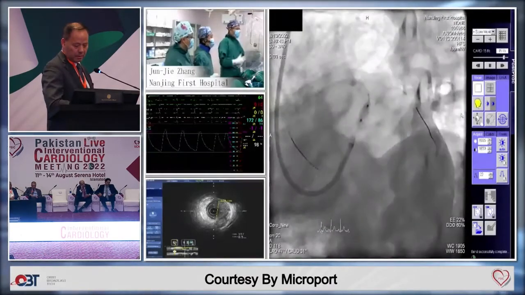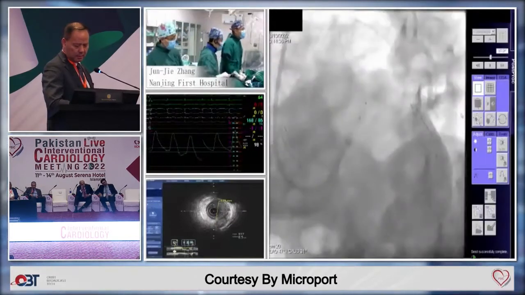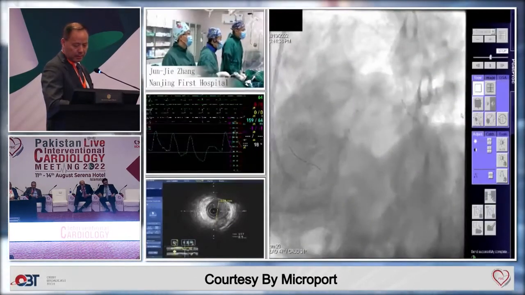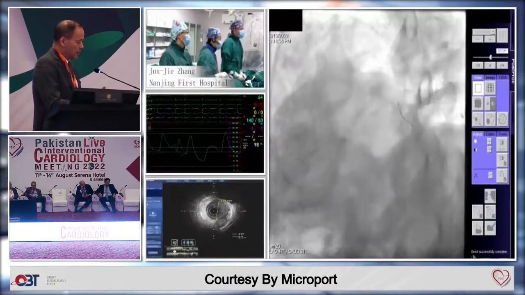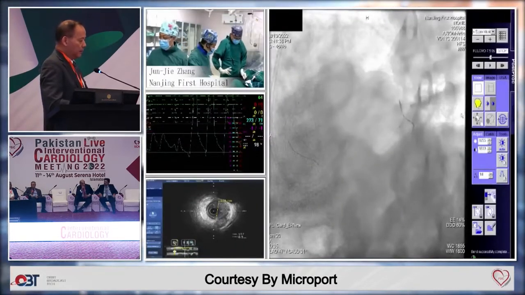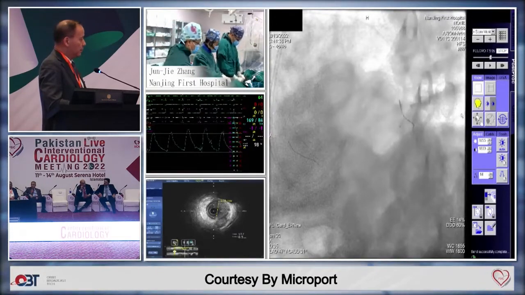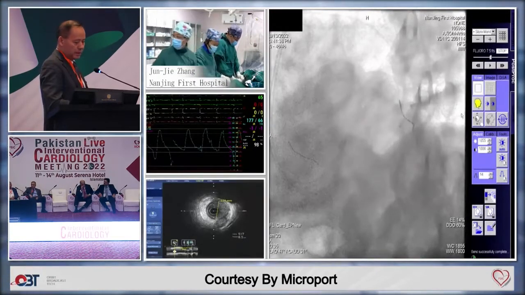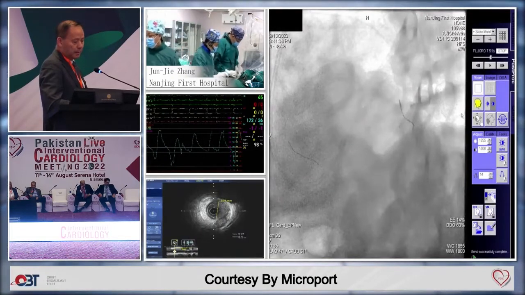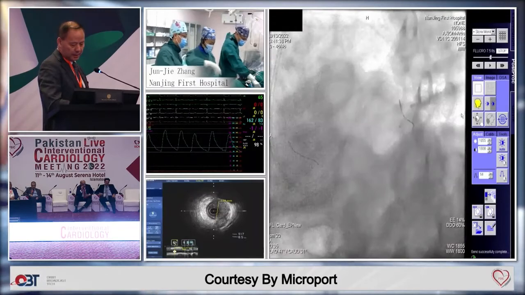I will use a 4.0 balloon to do the post crush again. Do you agree? Okay. So I think here is the key point of DK crush, because even though they perform the balloon crush, the balloon size is undersized for the left main. So we need to use another large NC balloon to complete the crush of the side stent.